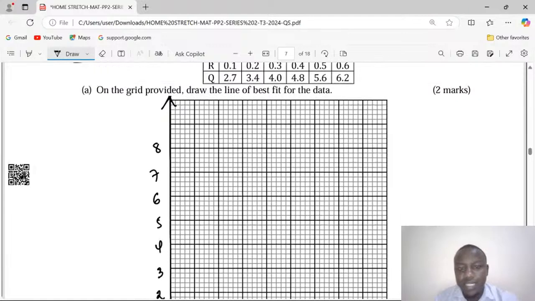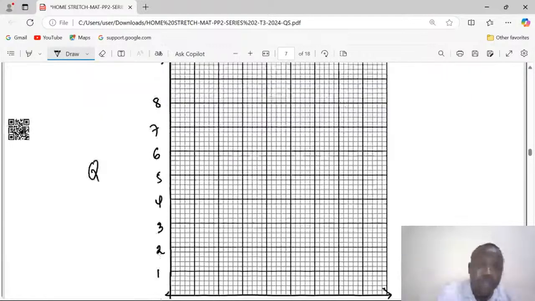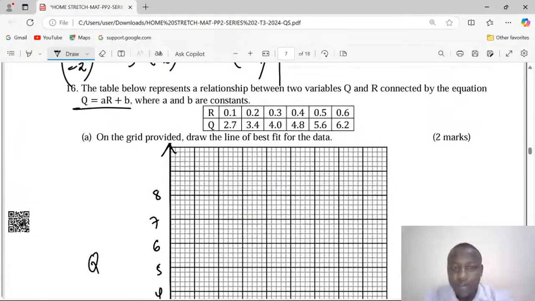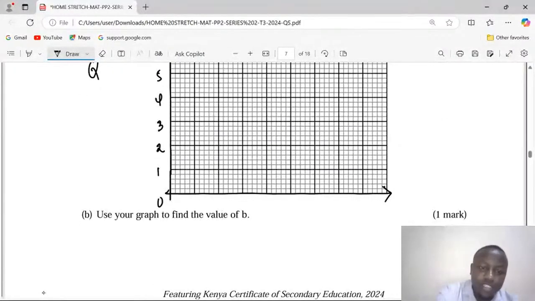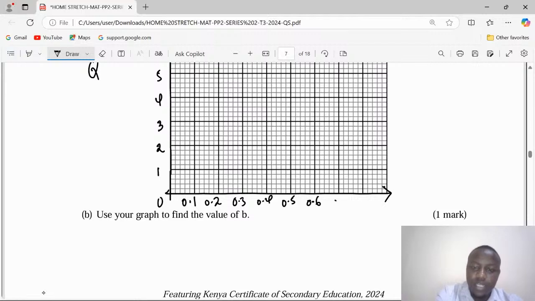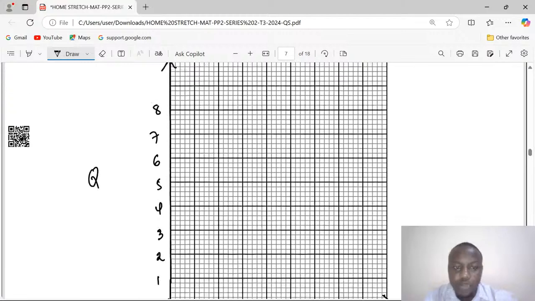Such a scale. We are going to have Q here. Then R is going to lie on the x-axis. We can use intervals of 0.1, such that from 0, 0.1, 0.2, 0.3, 0.4, 0.5, 0.6, 0.7, 0.8, and do it up to there.